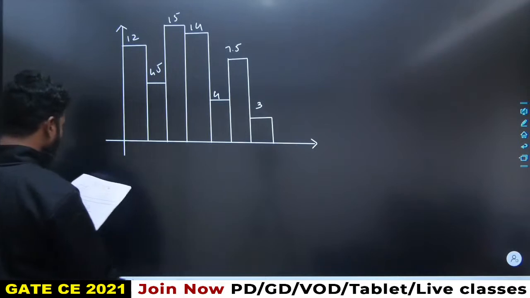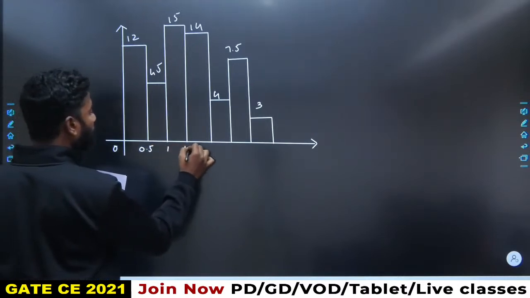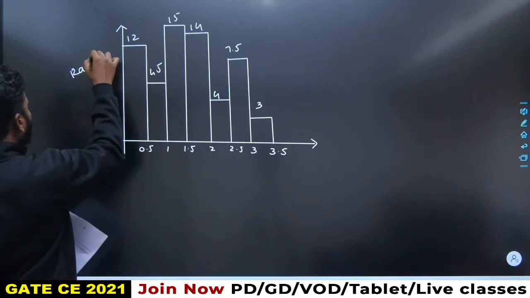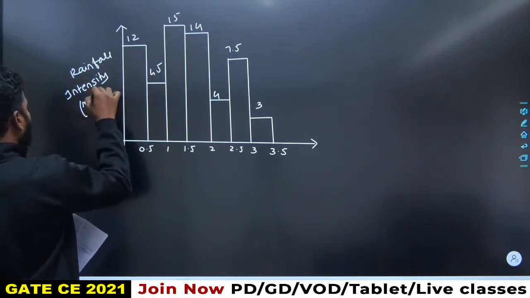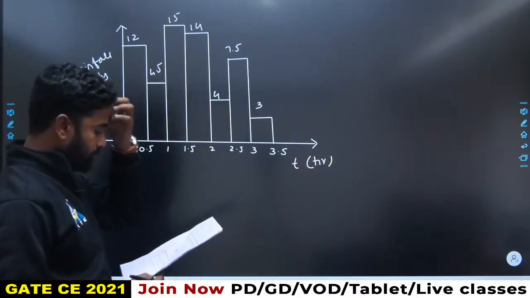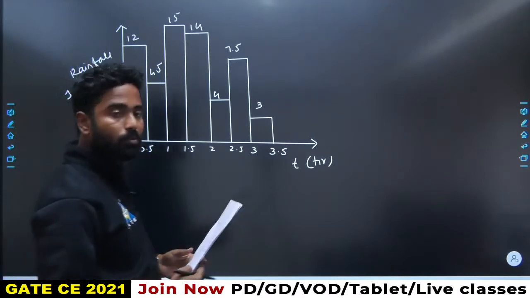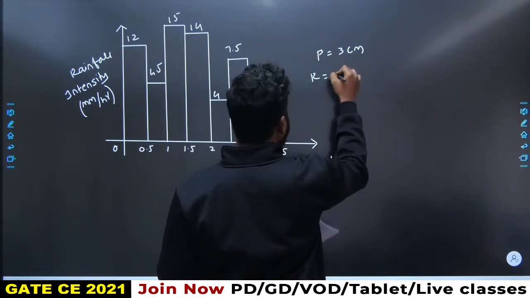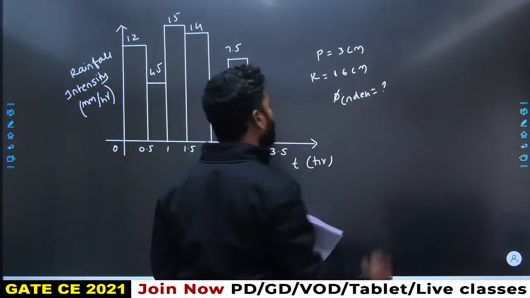Rainfall intensity in mm per hour, and each interval is 0.5 hours: 0, 0.5, 1, 1.5, 2, 2.5, 3, 3.5. Time is in hours. Now, if it produces runoff of 1.6 centimeters and total rainfall of 3 centimeters, what is phi index? He is asking what is phi index, right.